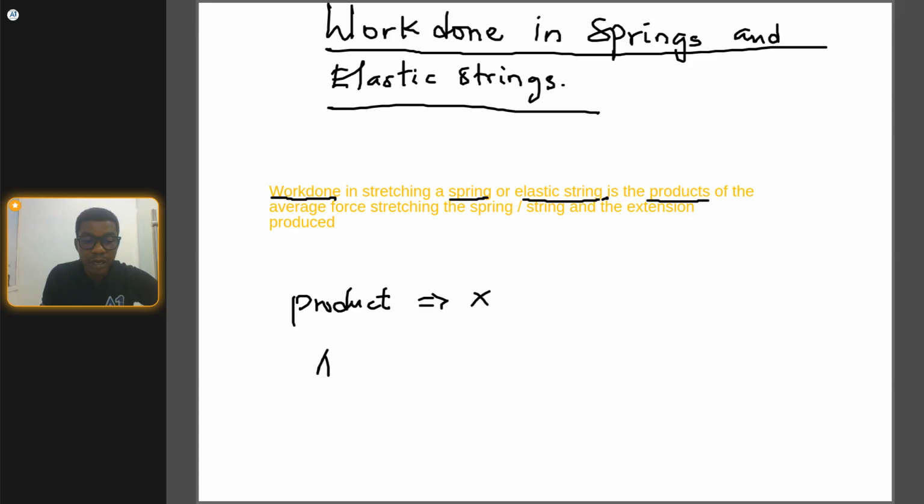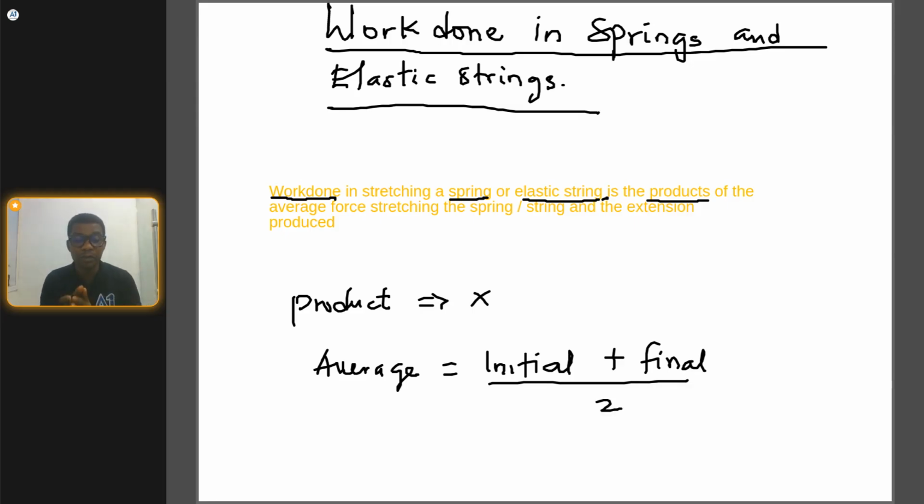So it is the product of what? Average force. Average force has to do with the initial force plus the final force divided by 2. You're going to get the average force. So let's have this as average F, which represents force.